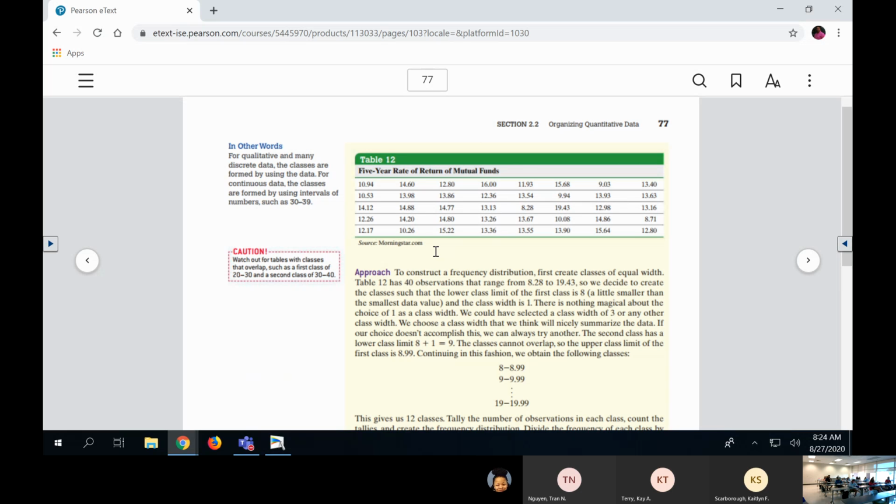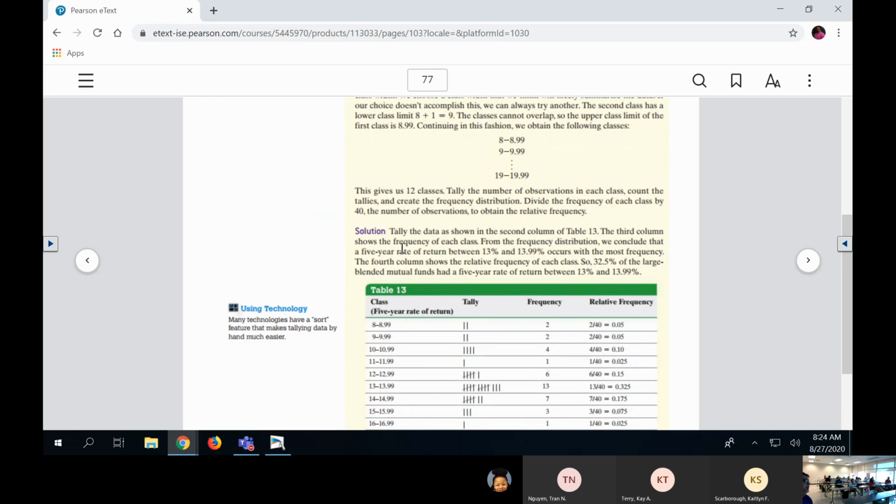Because 9 times out of 10, if you are reading a frequency distribution, it either tells you what kind of classes to make or it's already done. So I'm not going to waste time. But if you want to read about it, it's in this area right here and how to do it. Okay, we're not going to do that.